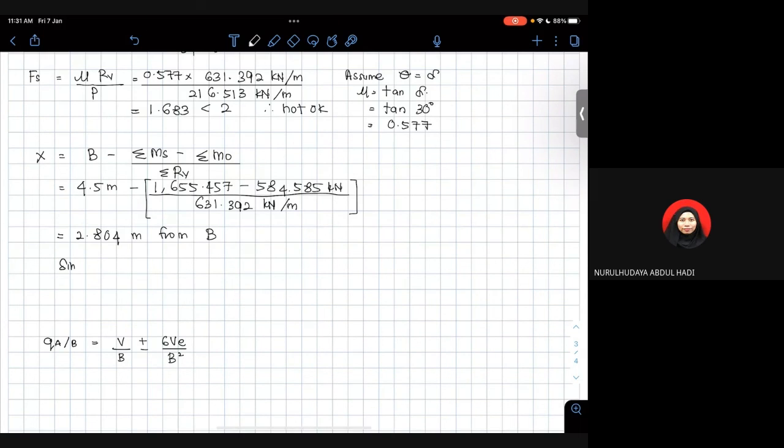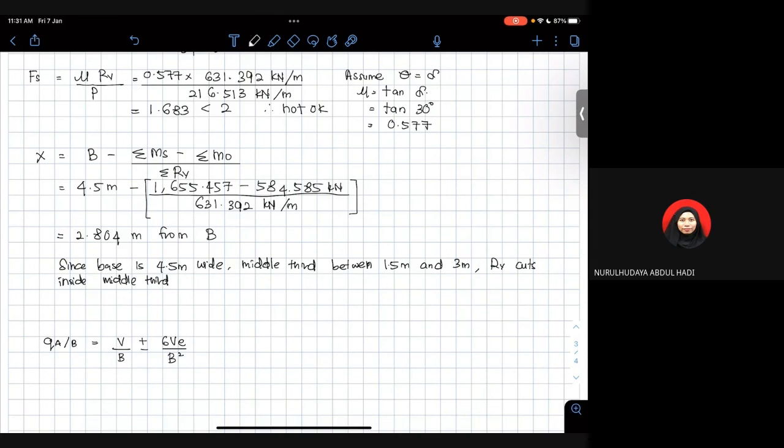Since base is 4.5 meter wide, middle third between 1.5 meter and 3 meter. RV cuts inside middle third. Tapi dia tak minta pun you check tension in a joint. So tak perlulah nak check tension in a joint tu. Masukkan je value-value yang kita ada.